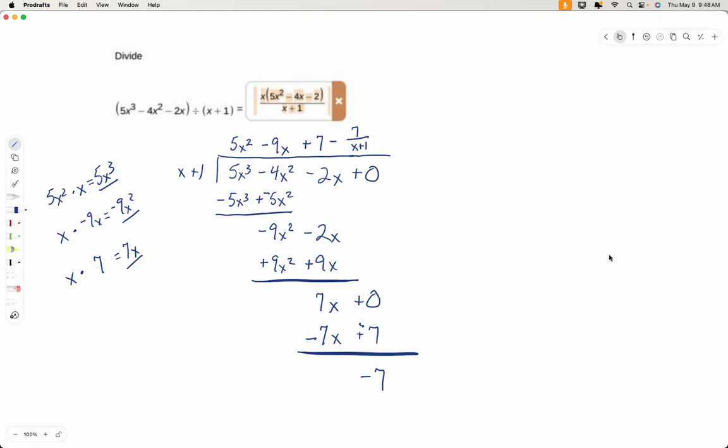That is our answer. So the answer that goes in here is 5x squared minus 9x plus 7 minus 7 over x plus 1. That would be what we're asking for here.